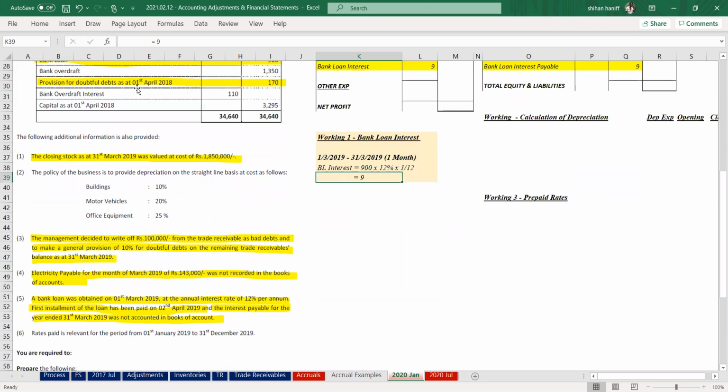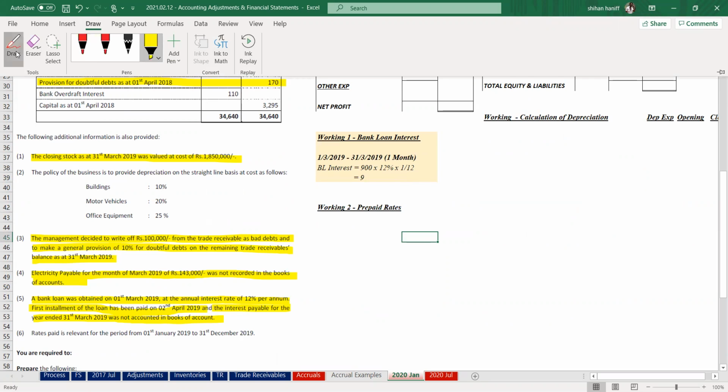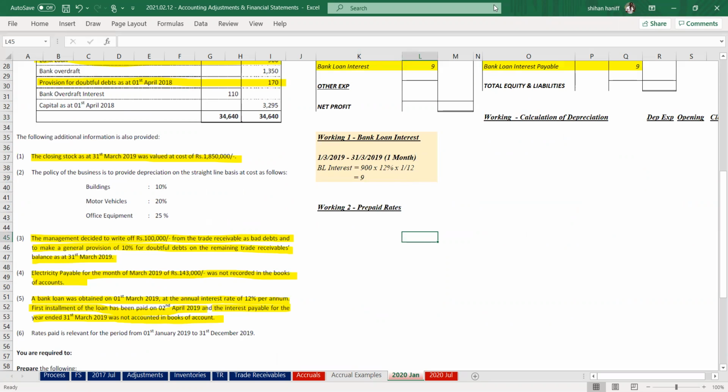Next, working number 2. So next I'm going to do the prepaid rates. A similar adjustment I was explaining in the example. Rates paid is relevant for the period 1st January 2019 to 31st December 2019.